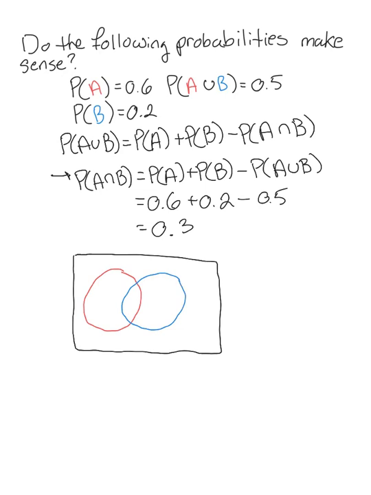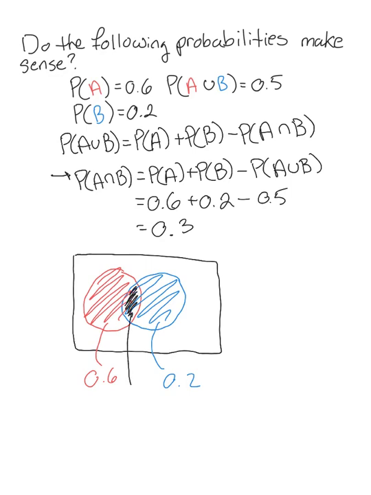And the probability of A, 0.6, probability of B, 0.2. Now this probability of A intersection B is 0.3, and that probability is represented right in the center there.